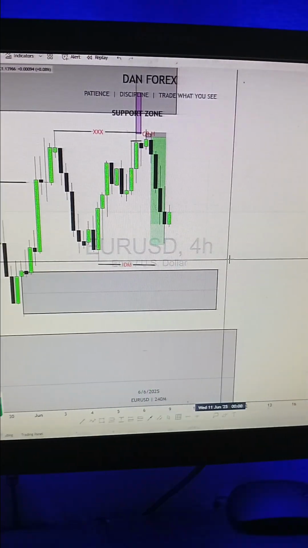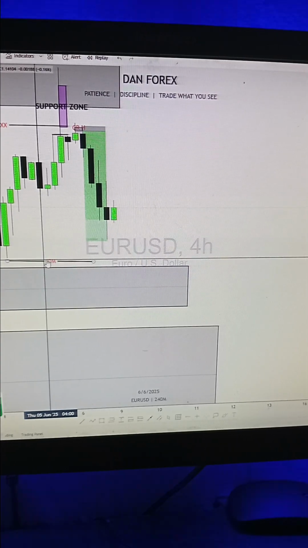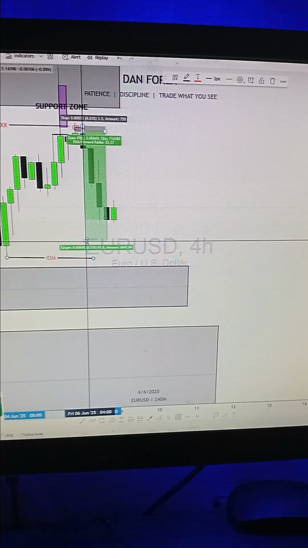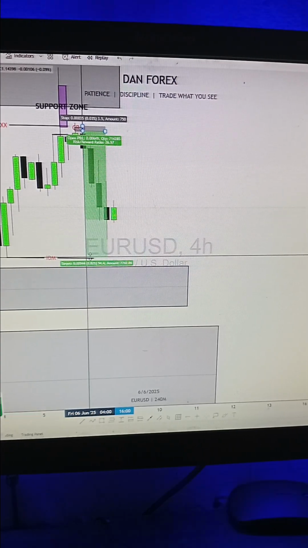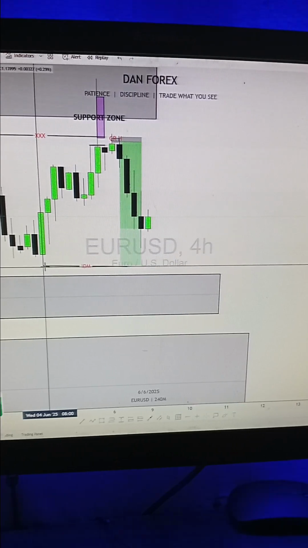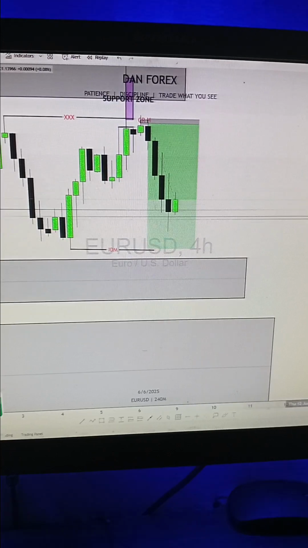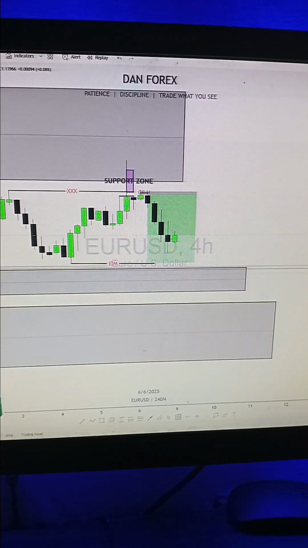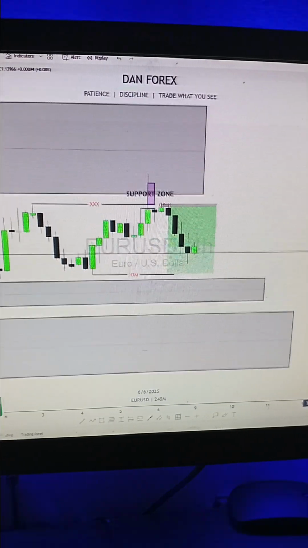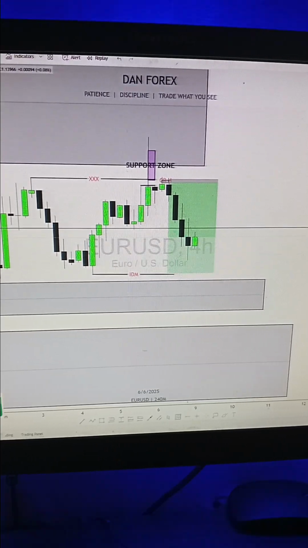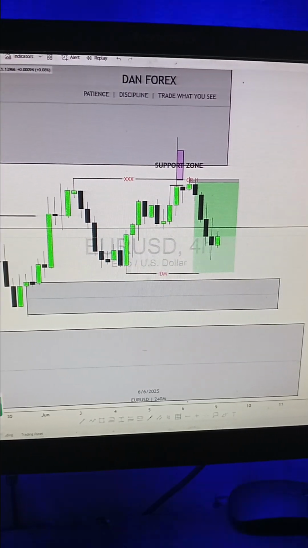Okay, so you could have targeted this low here, to take out the liquidity lying below that area. Okay, like that.